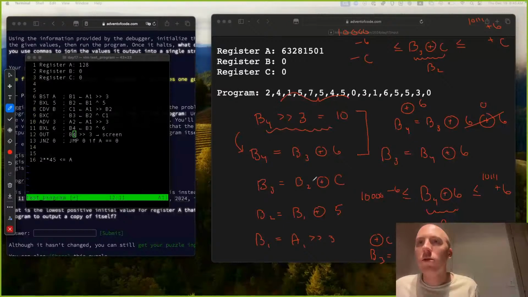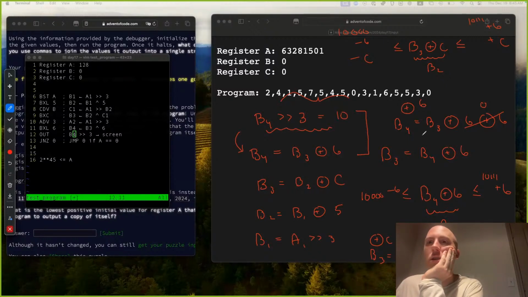So now what's B2? How do we do this? We started with B1. I think I'm all messed up with my subscripts. No, I guess we were just working backwards, but this is in reverse. So we have B4 is equal to this.